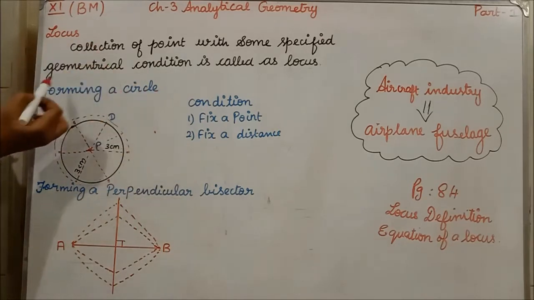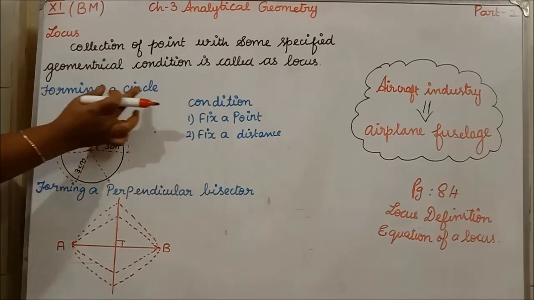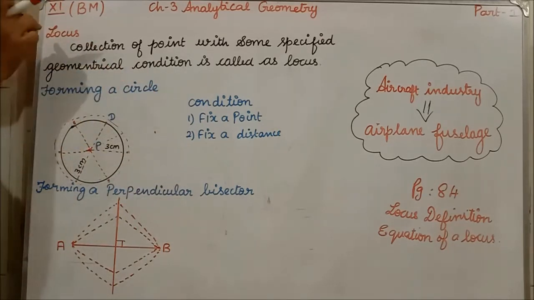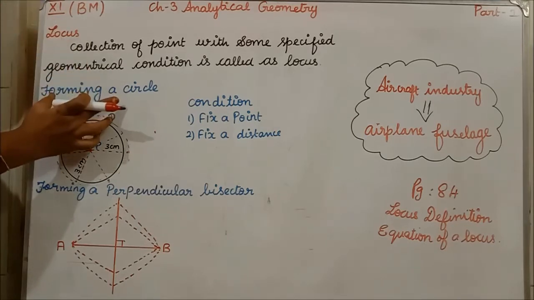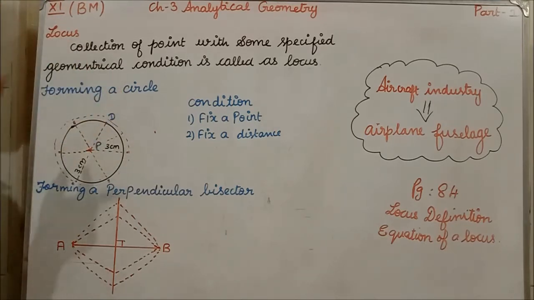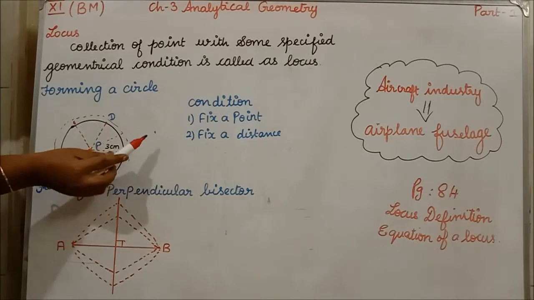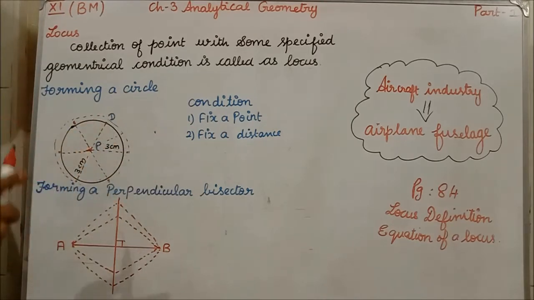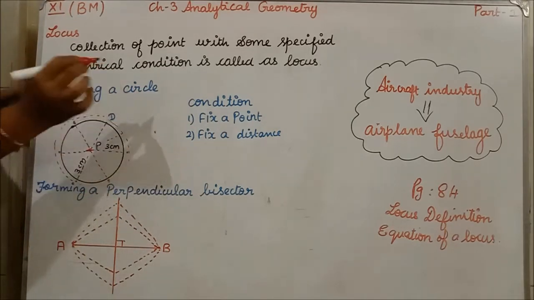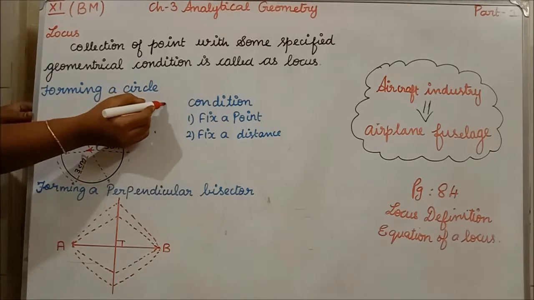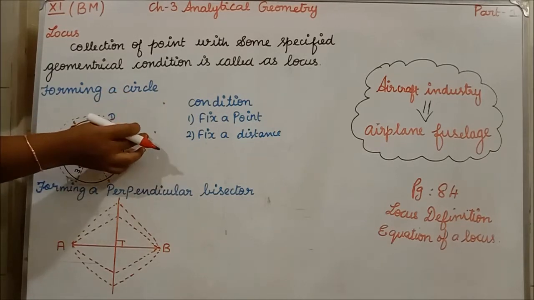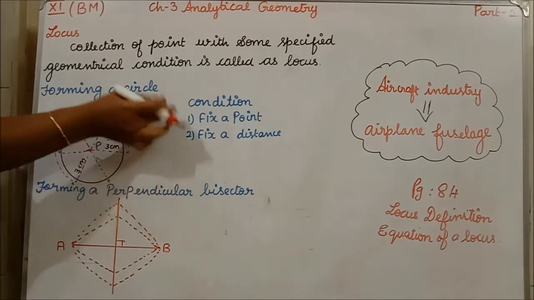First we will see forming a circle. Using the concept of locus, we will see how to form a circle. For that, the condition is you have to fix one point and fix the distance. If you fix the distance as 5 centimeter, around this point you will have more points, isn't it?